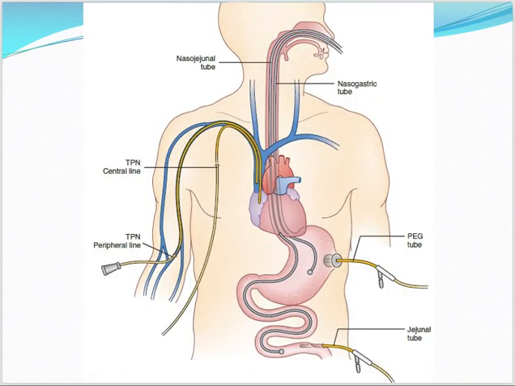See, there is a nasogastric tube. You can give the food through that. There is a PEG tube. There is a jejunal tube. Of course, this one is by blood, so it is called parenteral nutrition.